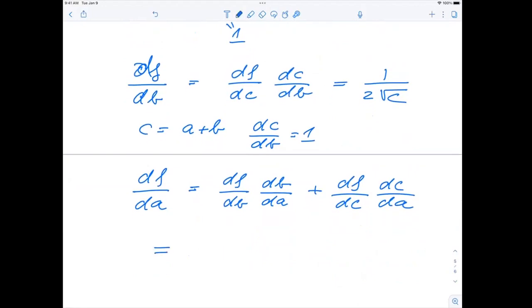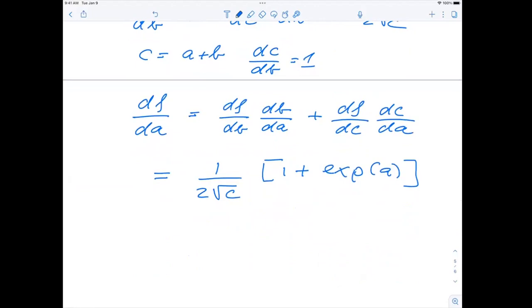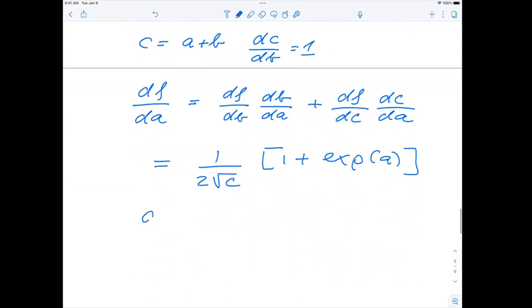And what we end up with then is 1 over 2 times the square root of c here. And then we have 1 plus the exponential of a. And then the final expression which we need here is df/dx. And that's going to be the same as df/dA times dA/dx.